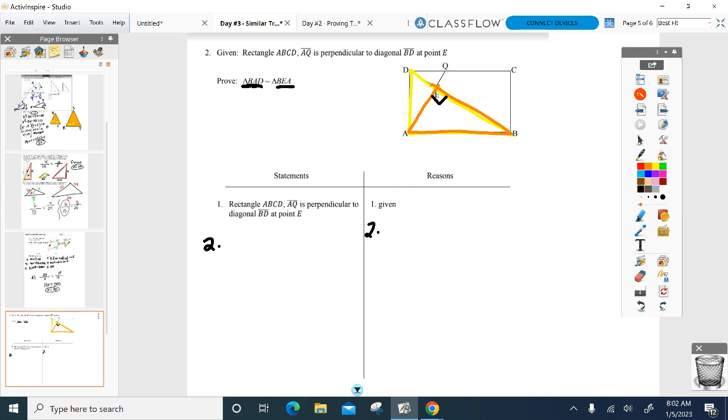What's the full thing? What do they tell me? Oh, DAB is a right angle. Why? Because it's a right triangle. How do you know that? Where did the right triangle come in? What's the whole figure? ABCD is a what? Rectangle. What do rectangles have from last unit?